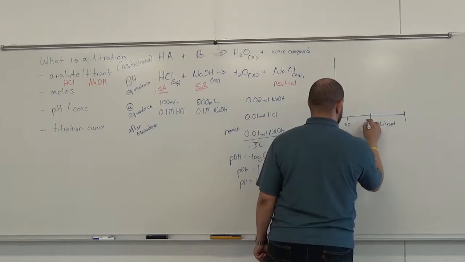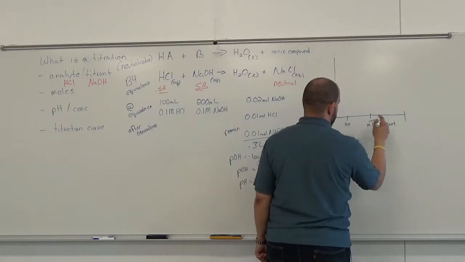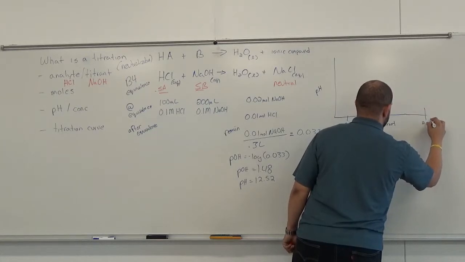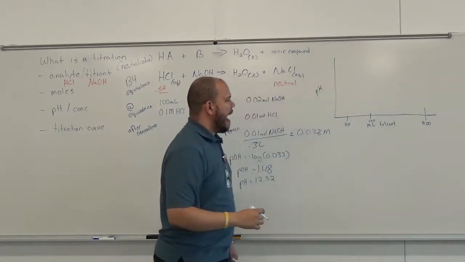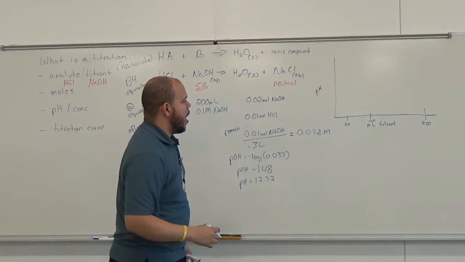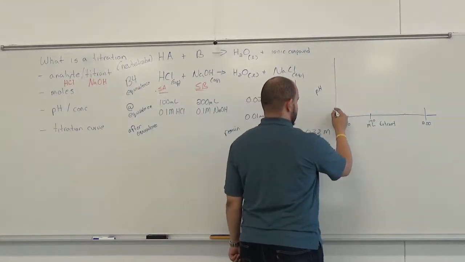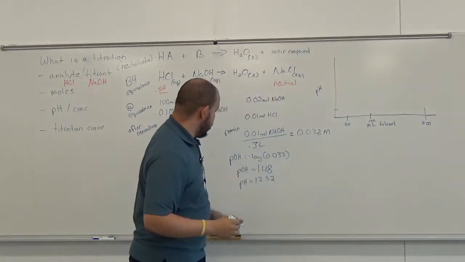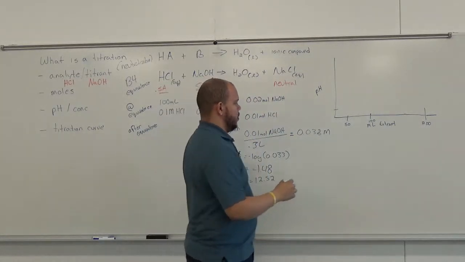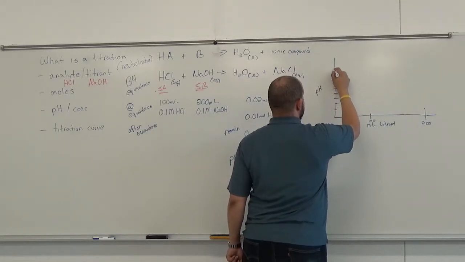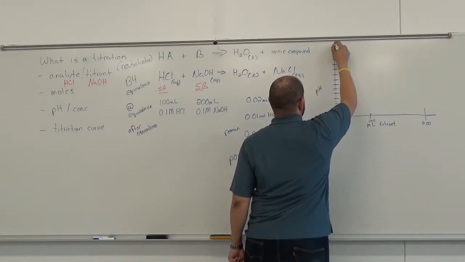So we got 50, 100, 200. Okay? And if we remember our pH at first was acidic. It was about 1.48. So if we go 1, 2, 3, 4, 5, 6, 7, 8, 9, 10, 11, 12, 13, 14.